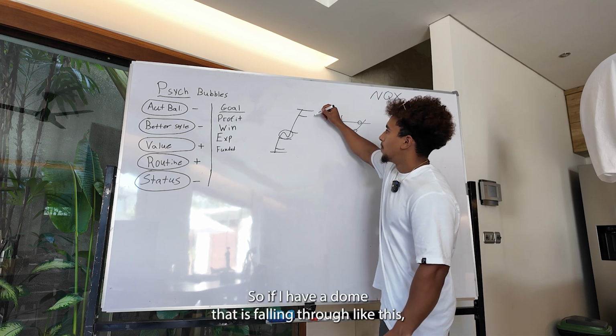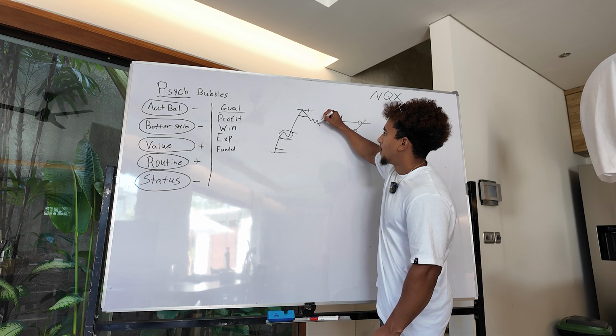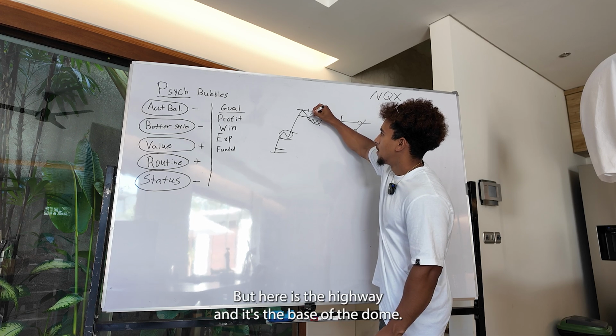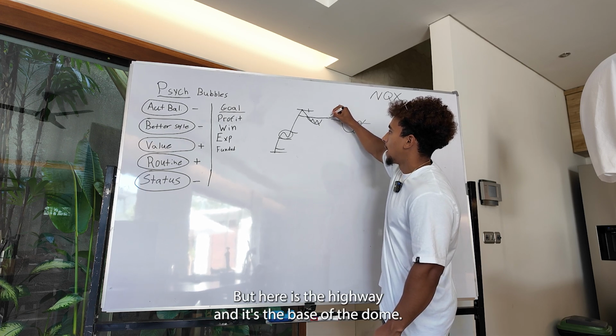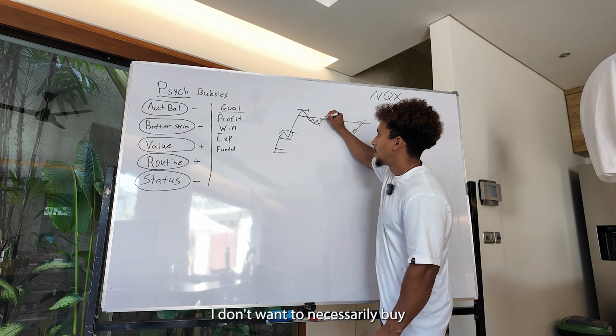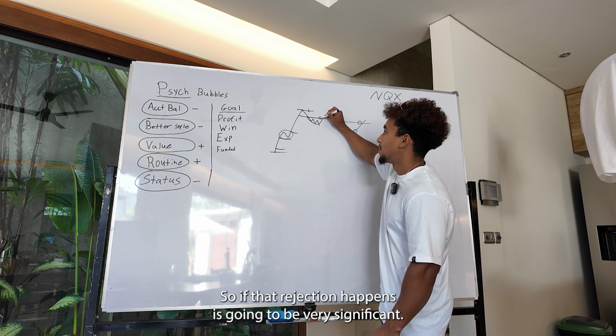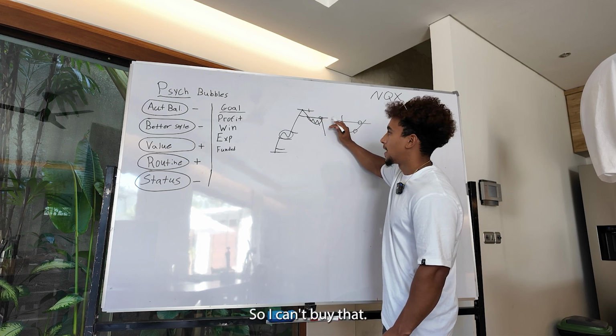So if I have a dome that is falling through, this is the dome, but here is the highway, and it's the base of the dome. I don't want to necessarily buy the breakout of this because it's also the highway. So if that rejection happens, it's going to be very significant. So I can't buy that.